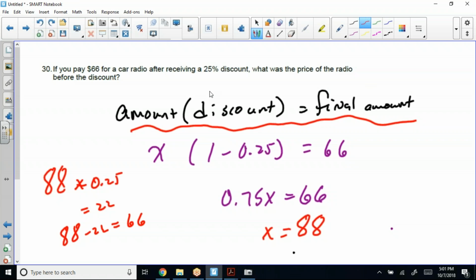Really this should be amount times what's left, because that's really what this is, right? 75%. So, okay. Next. Or if you have any questions on that one.